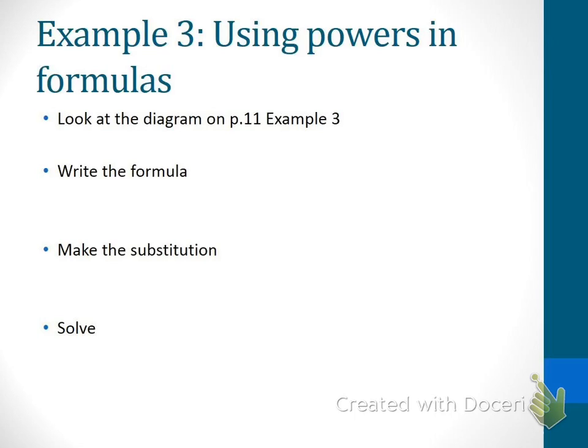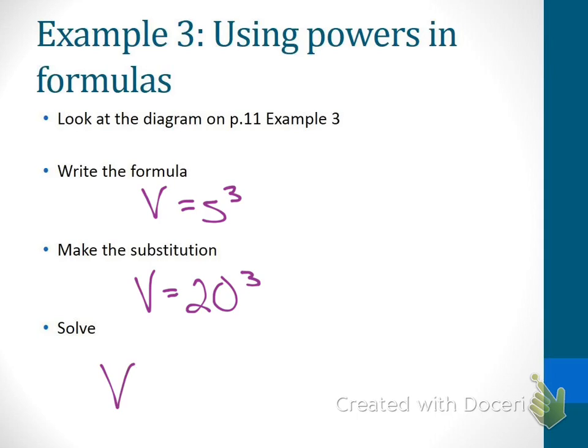So in example 3, it asks us to find what? Area or volume? What is it asking us to find? Find the volume. So V equals S to the third. And what is my side value? 20 inches. So 20 to the third.